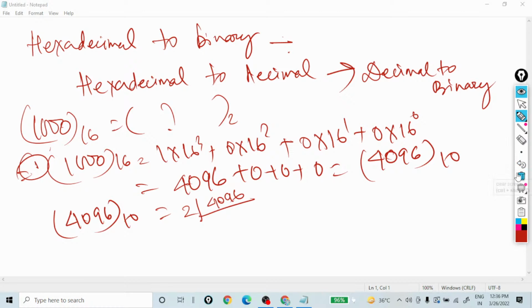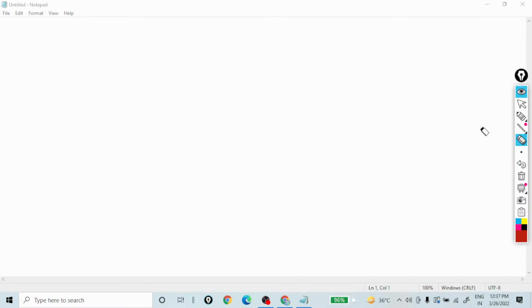We have to convert 4096 into binary, because the hexadecimal number 1000 is 4096 in decimal, so the same number we can convert to binary. What will be 4096 in binary?